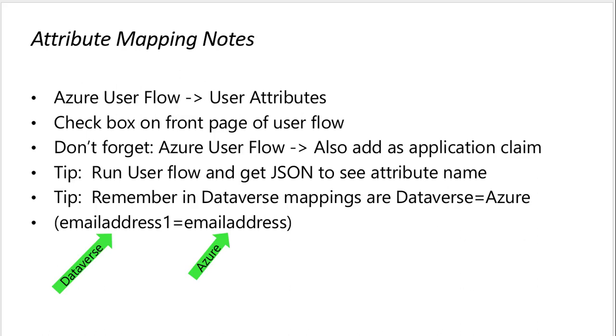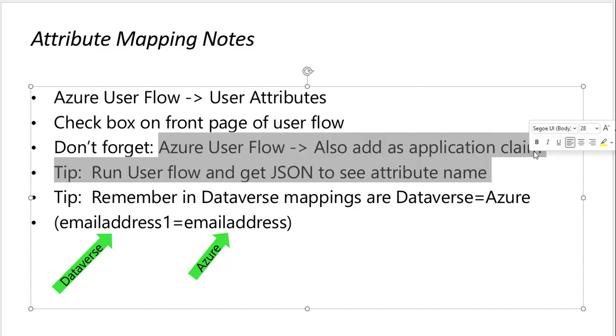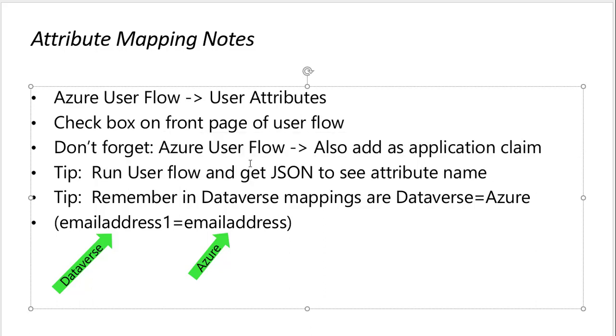Some attribute mapping notes. We do the attribute mapping and attributes in the Azure user flows. We've been there before when we configured Azure B2C. We don't want to forget the Azure user flow. We need to add it as a claim, otherwise it won't show up in Dataverse.